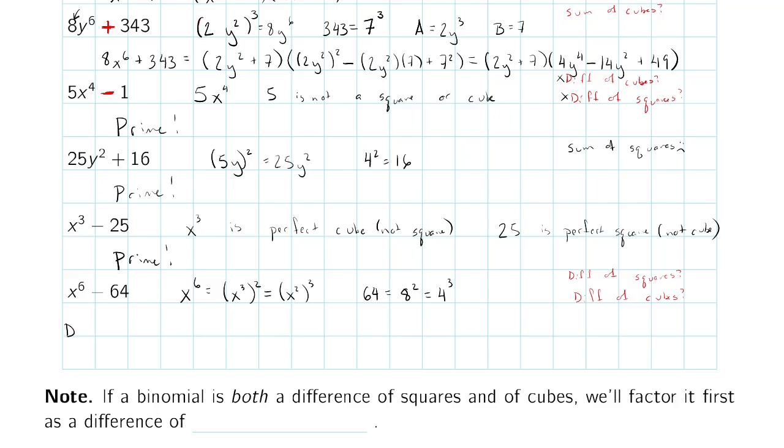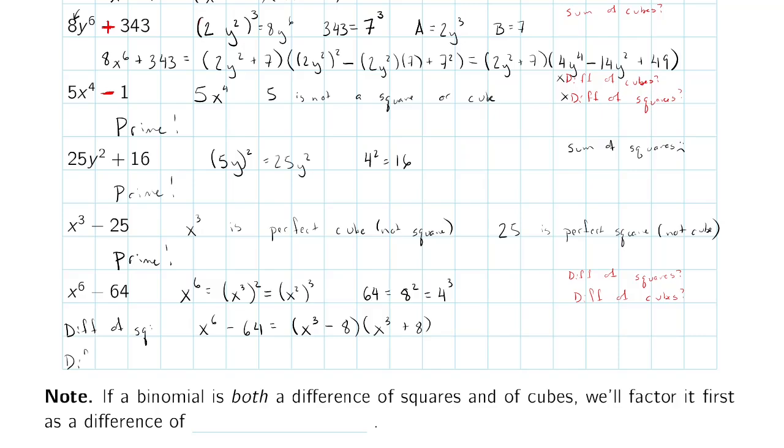As a difference of squares, I can say my x to the sixth minus 64 factors as x cubed minus 8 times x cubed plus 8.